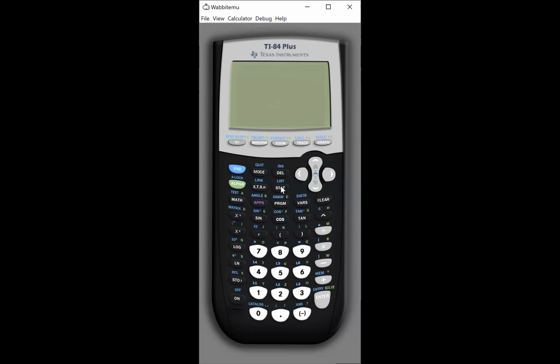You want to go to stats, go to edit, and enter the 33 numbers. I have to clear this before I do that. So right here for L1, I'm going to put 10.7. Yeah, let's do it. Okay.